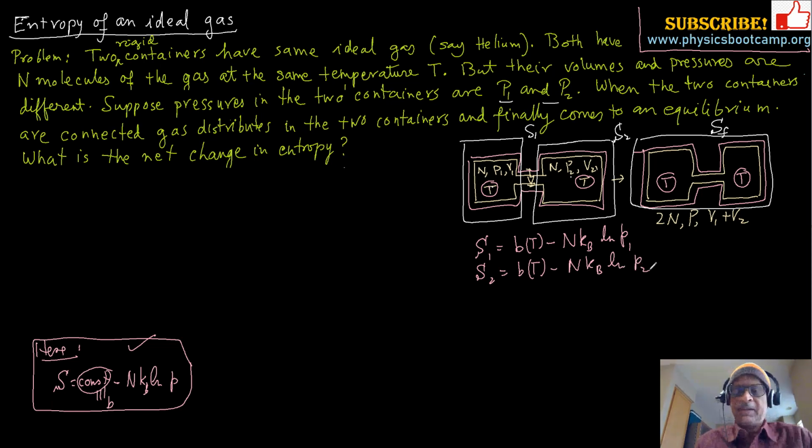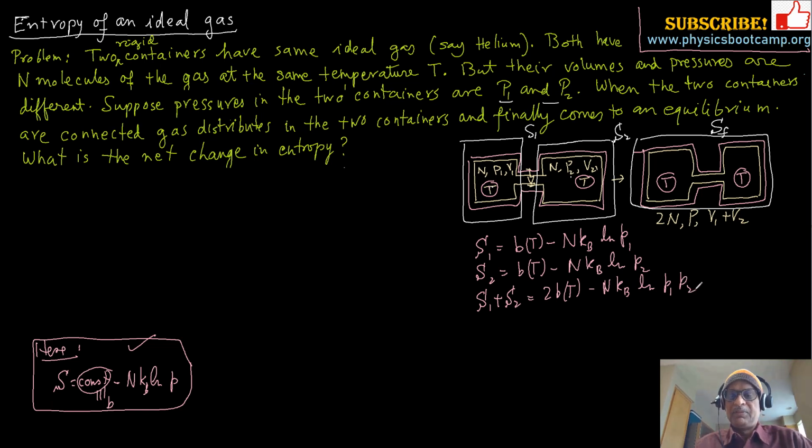So I have S1 plus S2, that's the starting thing, which is 2B of T minus N k_B log P1 P2. So that's the beginning one.